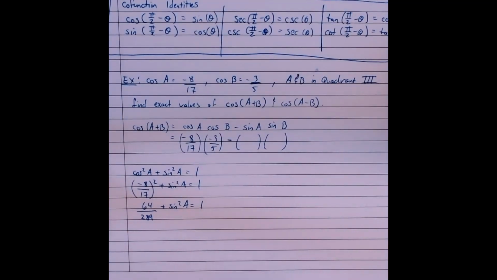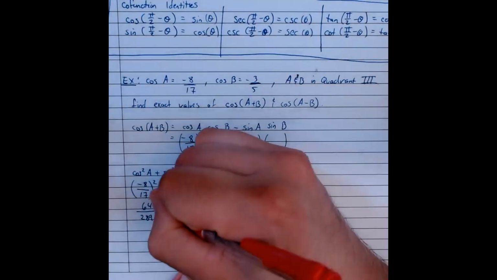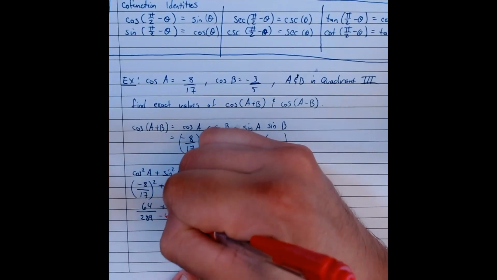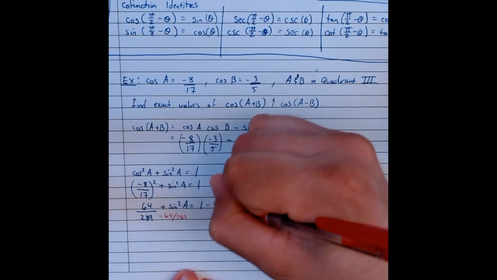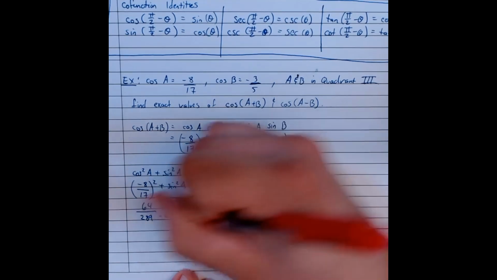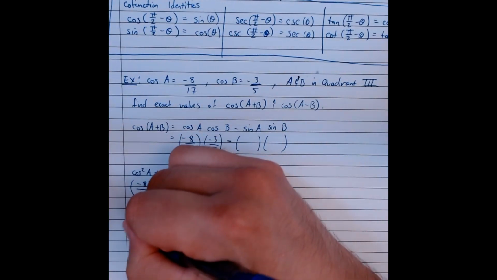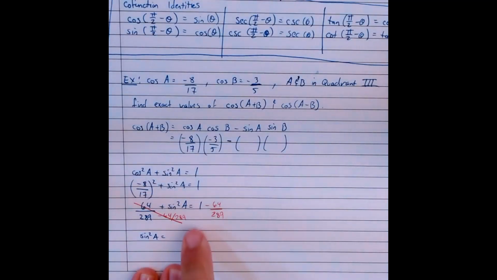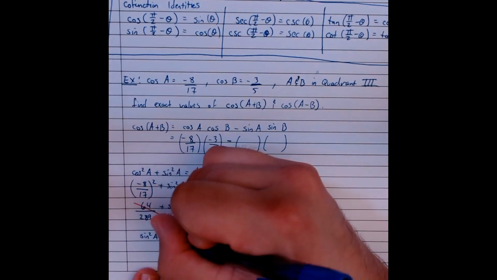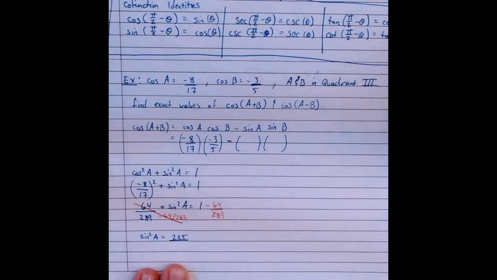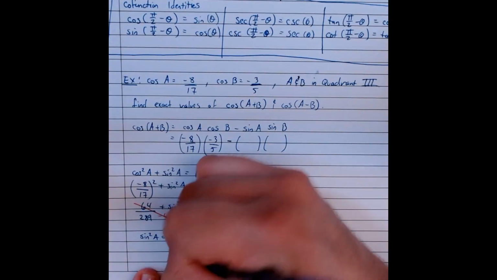If I subtract 64 over 289 from both sides, that's going to give me sine squared of A is equal to, let's see, 1 minus 64 over 289, that's 225 over 289.